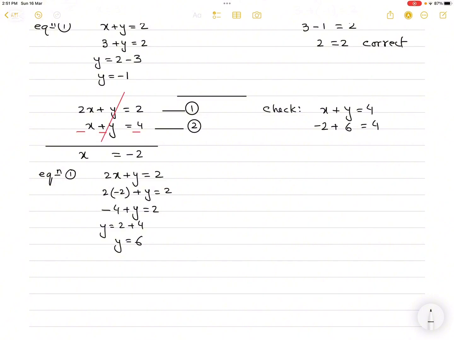So minus 2 plus 6 is 4. 4 equals 4. So our answers of x and y are correct, because we got the same values on either side of the is equal to sign.